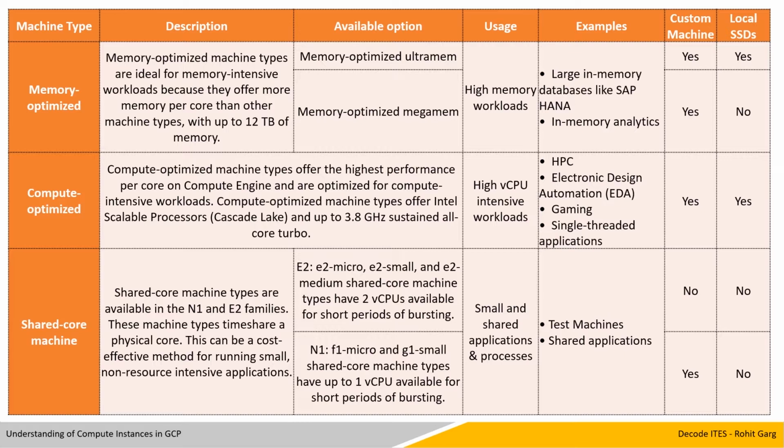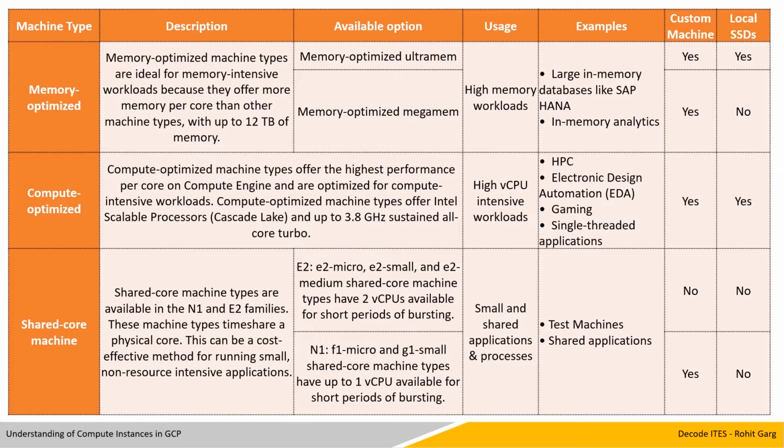Examples are large in-memory databases like SAP HANA and in-memory analytics. The difference between memory optimized UltraMem and MegaMem is that UltraMem is available with custom machine configuration and local SSD support, whereas MegaMem is available with custom configuration but local SSD is not supported.